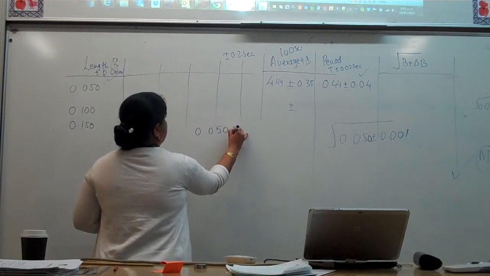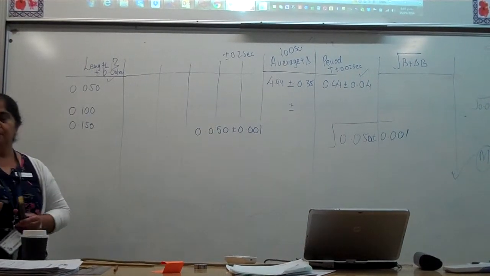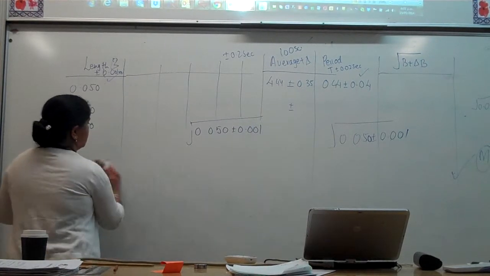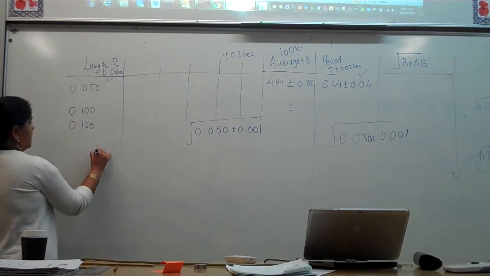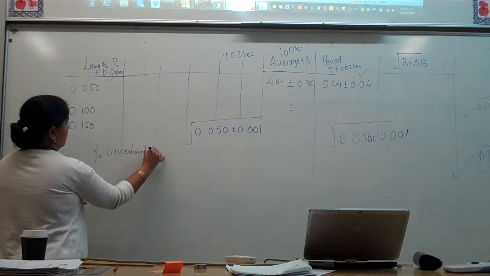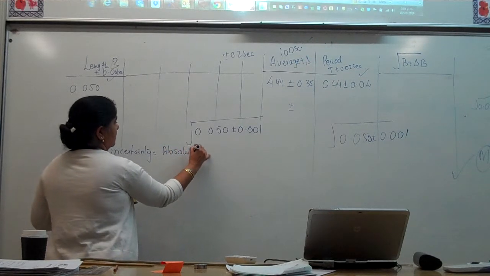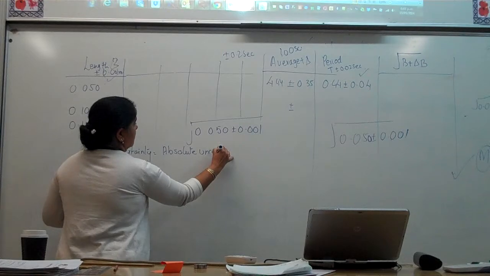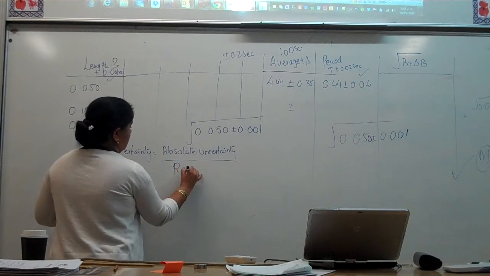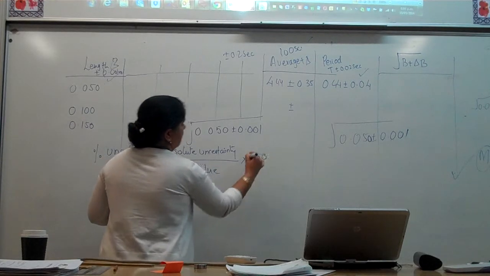0.050 plus and minus 0.001. Suppose that's the value you are using, square root. The equation is: percentage uncertainty is absolute uncertainty divided by real value times 100.